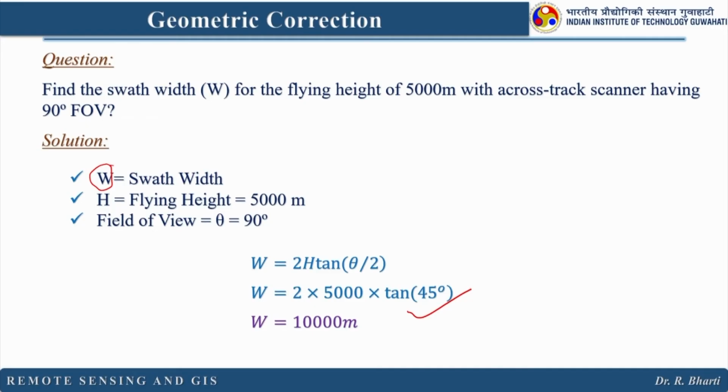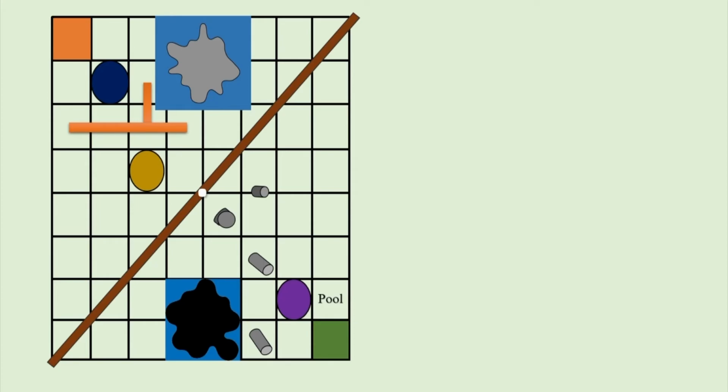Now, in this slide I want to highlight what kind of error geometric distortion may introduce in your image. If you see this particular photograph, this is the actual scenario on the ground. All the objects are lying somewhere, this is the orientation, and this is the shape and size of this particular location.